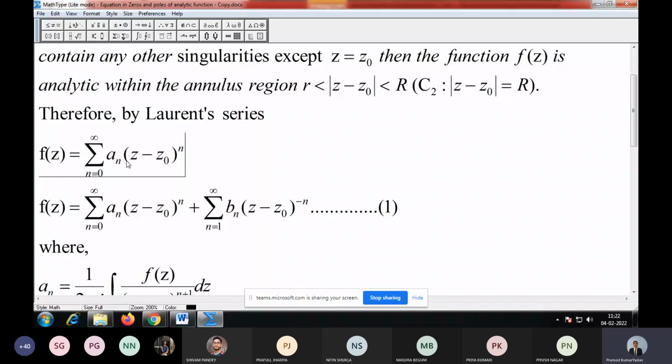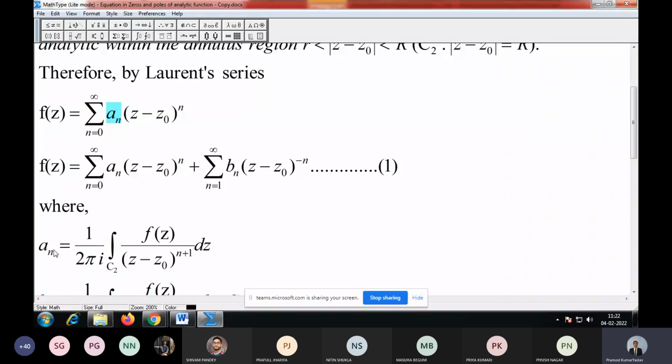This a_n can be evaluated with the help of the formula a_n equals 1 upon 2 pi i, the integral of f(z) divided by (z minus z naught) to the power n plus 1 dz. Here C2 will simply be C.